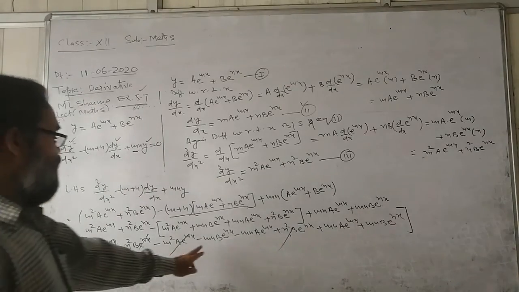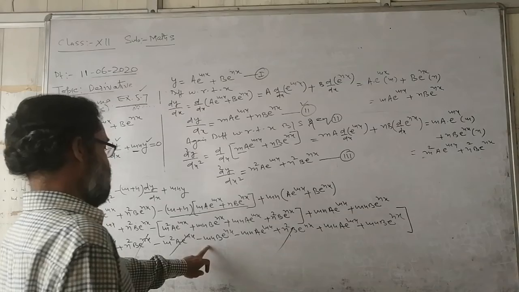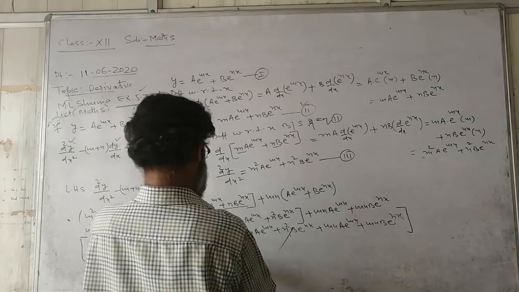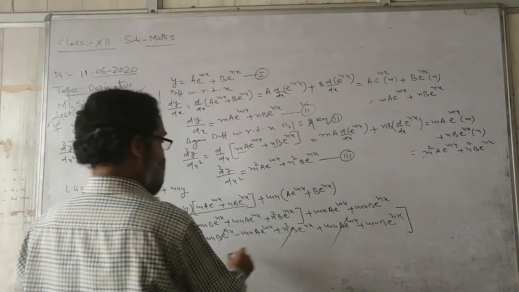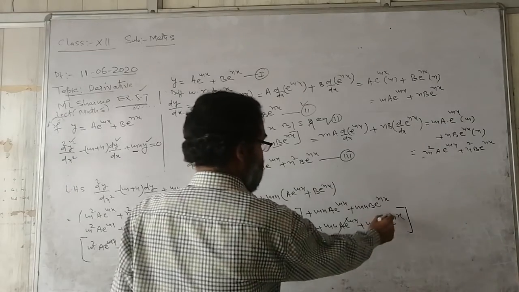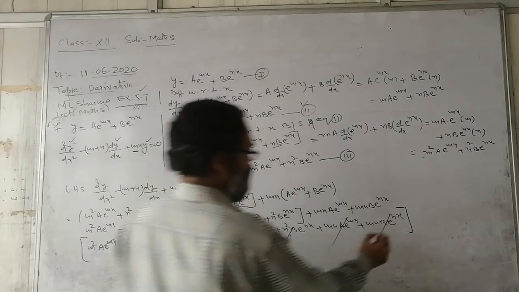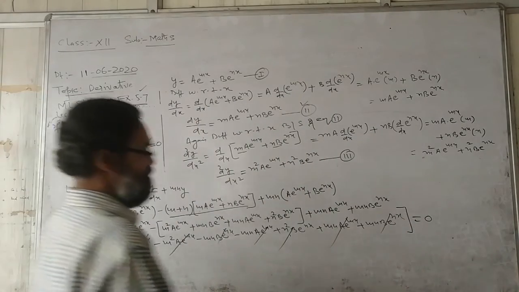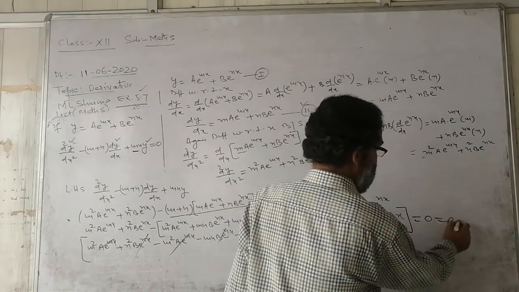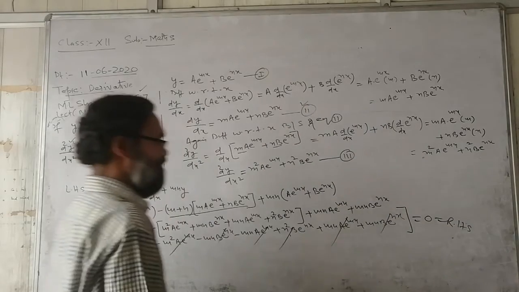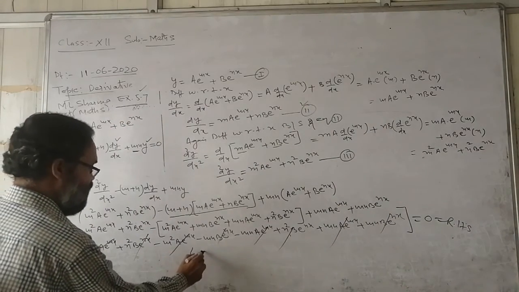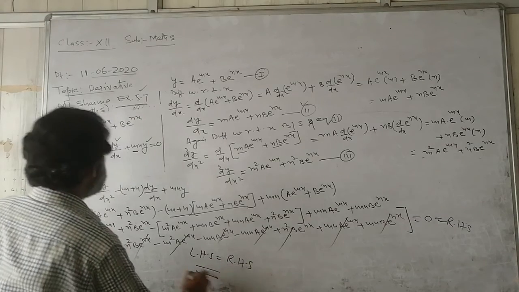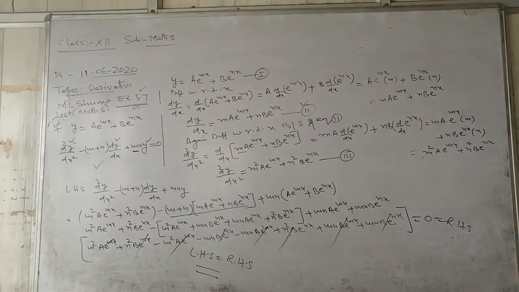Then mn negative, mn positive, so they will cancel, and this term cancels, so all the terms are cancelled, and my answer is 0, and this is equal to the right hand side. So left hand side is equal to right hand side. This proves the result.